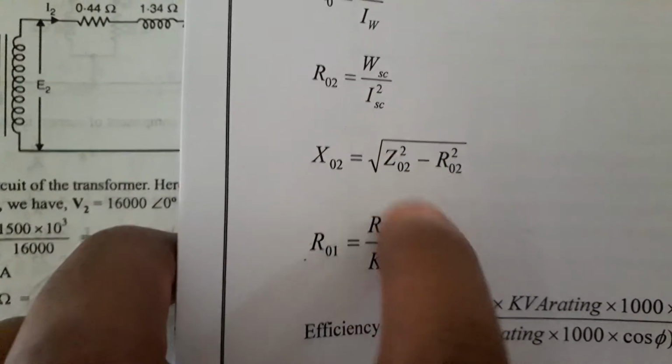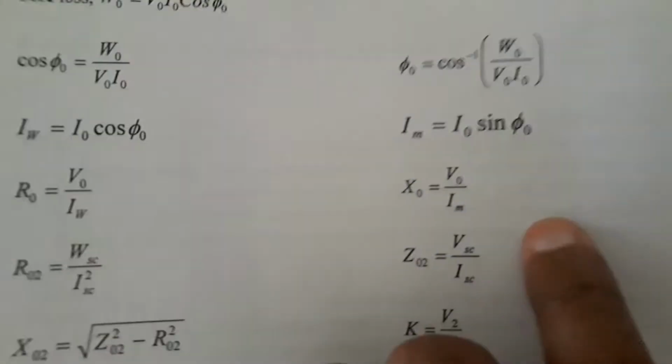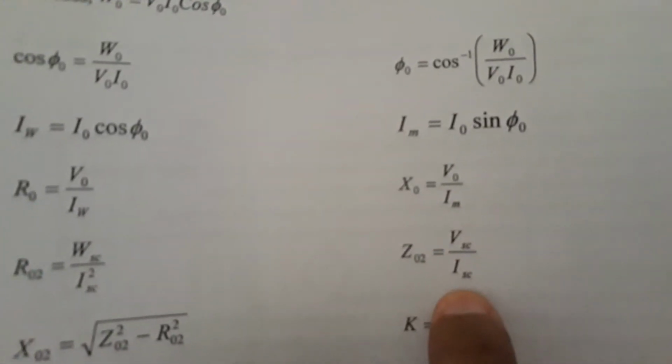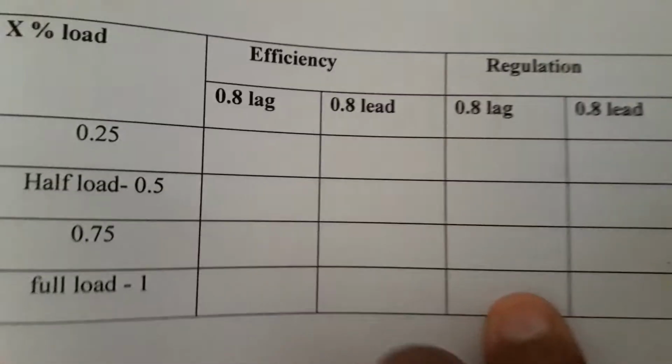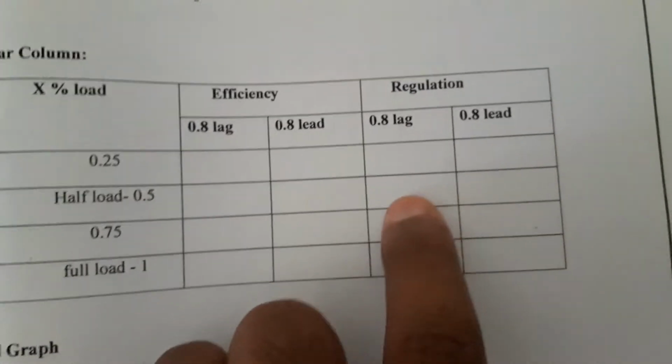Again, XO2 you can find from here, that is square root of ZO2 squared minus RO2 squared, where ZO2 is equal to short circuit voltage by short circuit current. So we are going to calculate the regulation for lagging and leading loads.